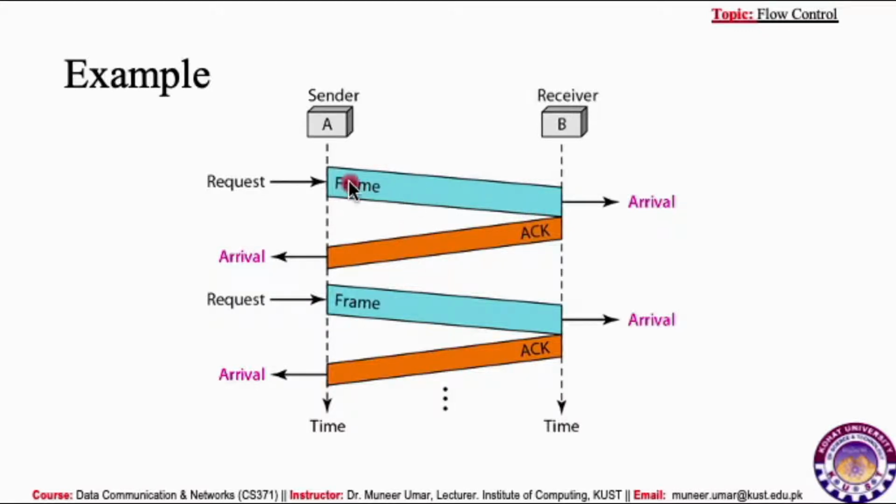So in this way, the frames are transmitted from the sender to receiver, and for each reception, the receiver also acknowledges the sender. Again, the frames, or these lines, are tilted because of the time difference between the sending and receiving.